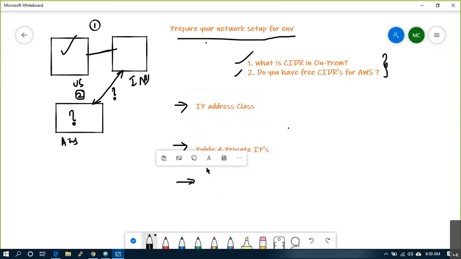And what is subnetting? Do you have any idea about this?